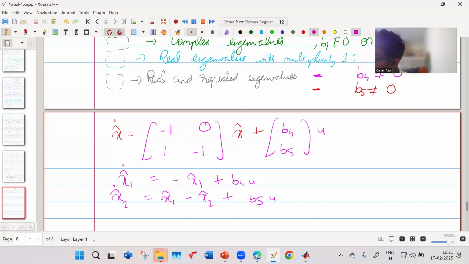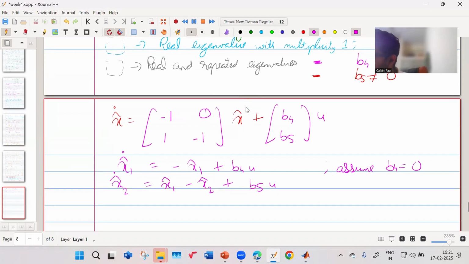Now, I said that b4 should not be equal to 0. Let us assume b4 is equal to 0. Then what happens? Because b5 is not equal to 0, through u I can control the rate of change of x2 hat dot.